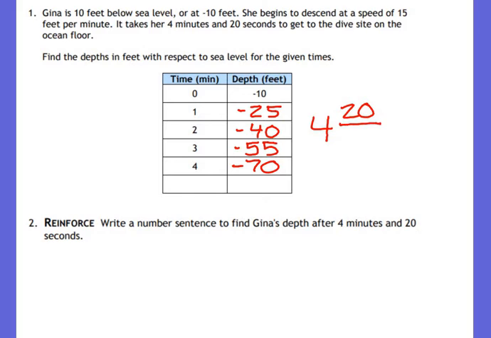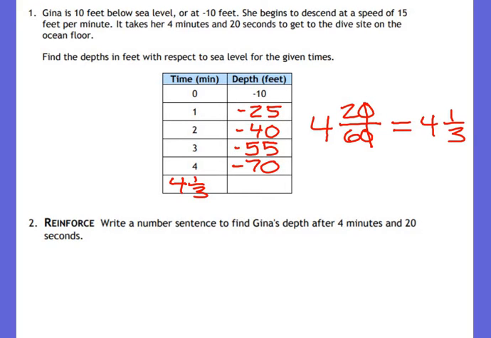She has 20 seconds out of how many total seconds? 60 seconds are in a minute. So essentially, she is diving for a total of 4 1/3 minutes, right? So I need to know at what depth her dive site is.